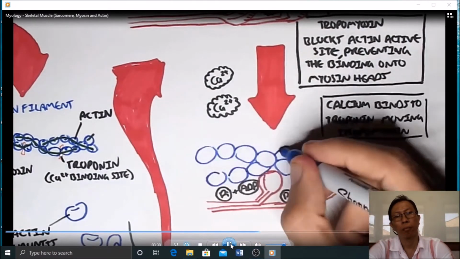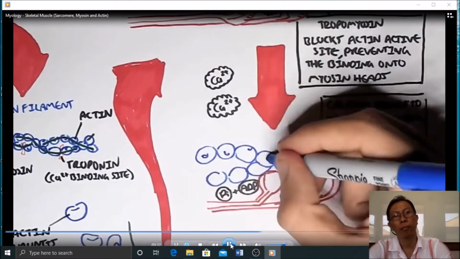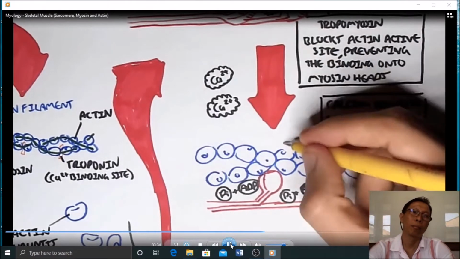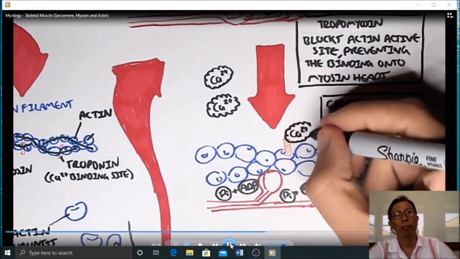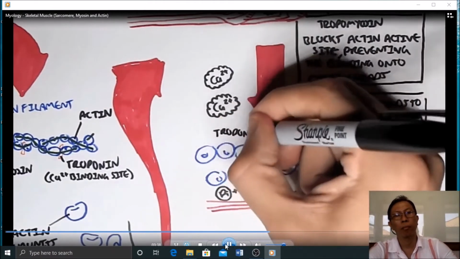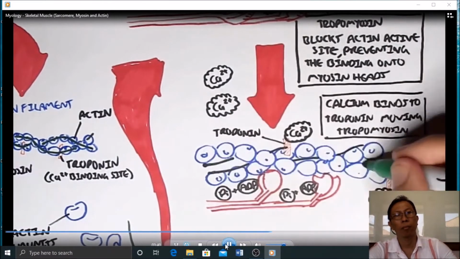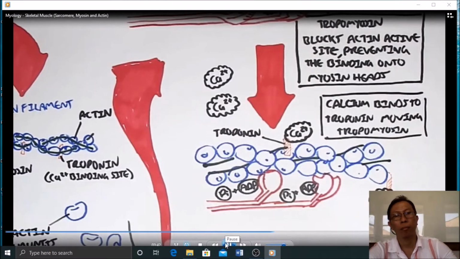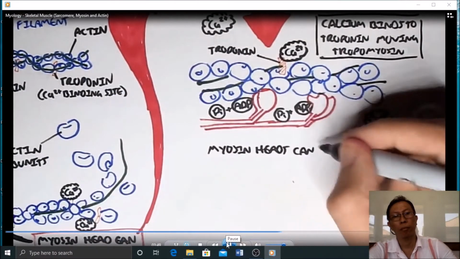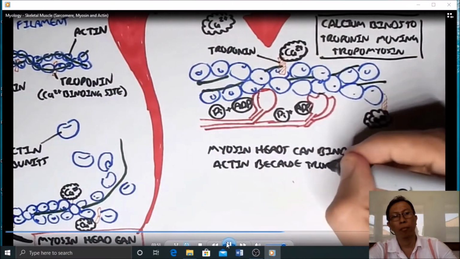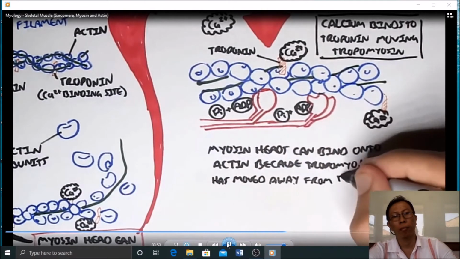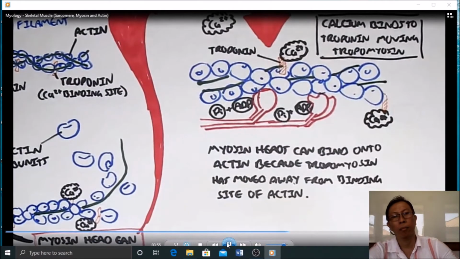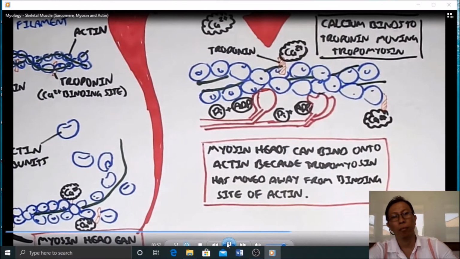And as you can see, calcium has bound onto the troponin. And this has caused tropomyosin to move away from the myosin binding site on the actin subunits. And so myosin heads can bind to the actin subunits because tropomyosin has moved away from the binding site of myosin on actin.